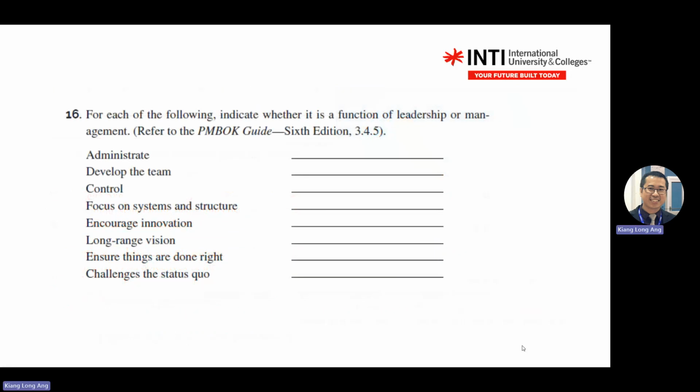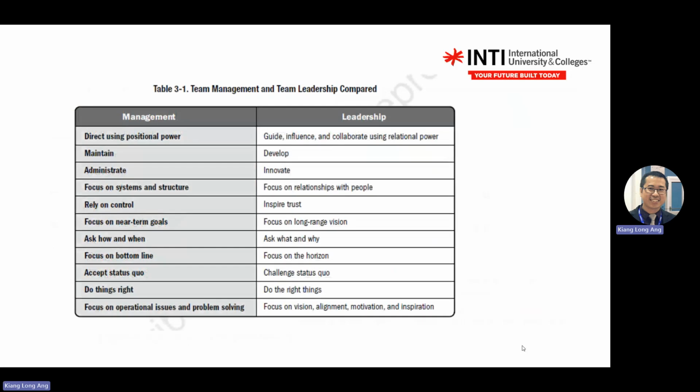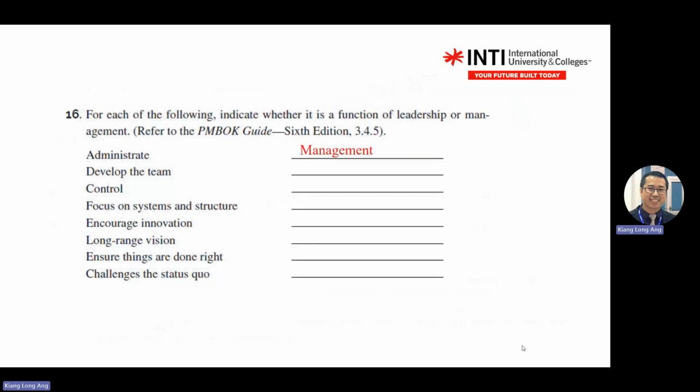16, refer to the following. Function of leadership or management. This one also has a management and leadership comparison. Okay. So administrative is management.